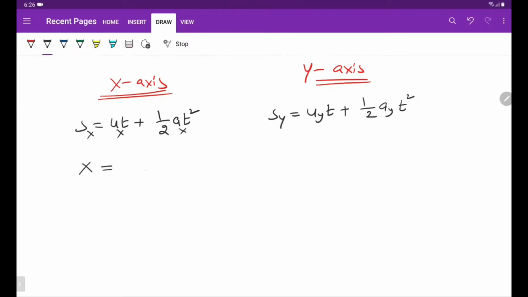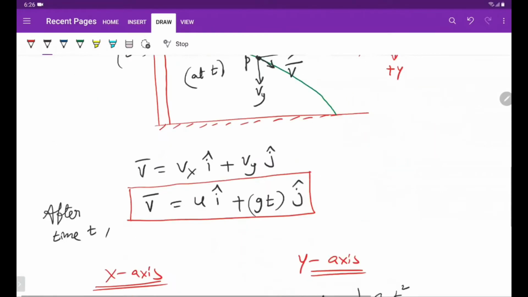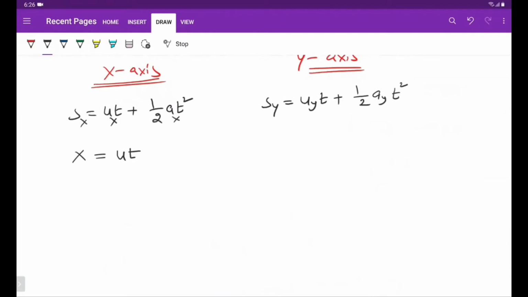So ux into t at any time. So after some time its x coordinate will be u into t, because ax is 0. X is equal to ut.